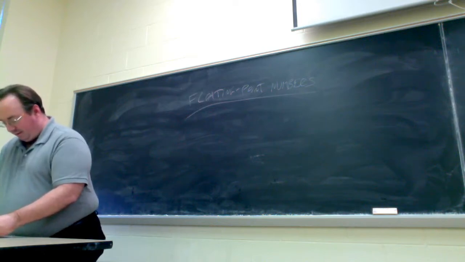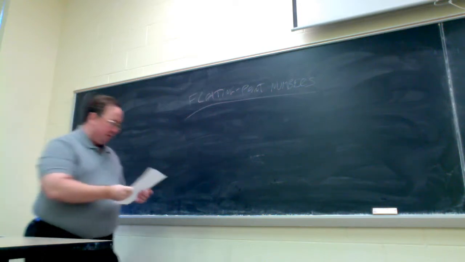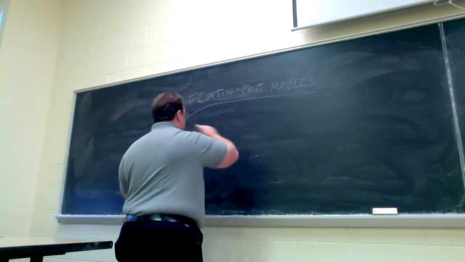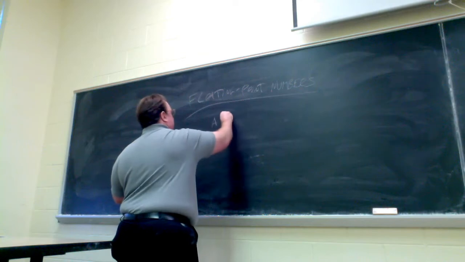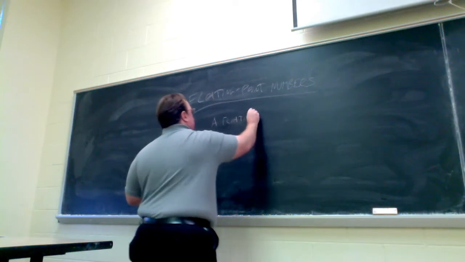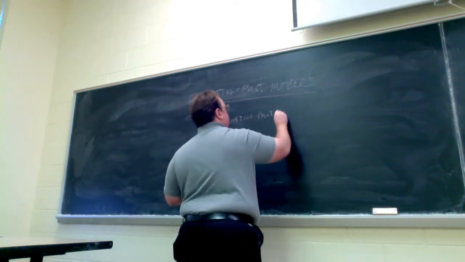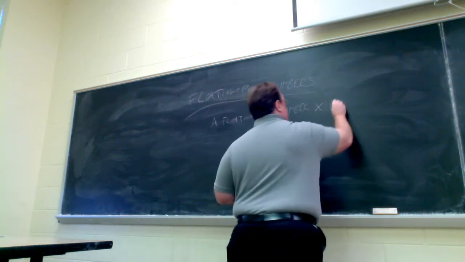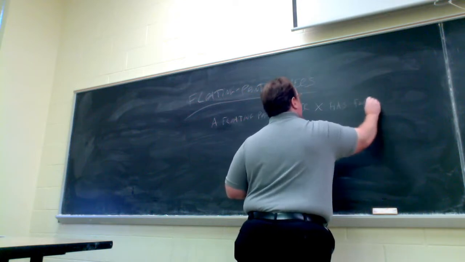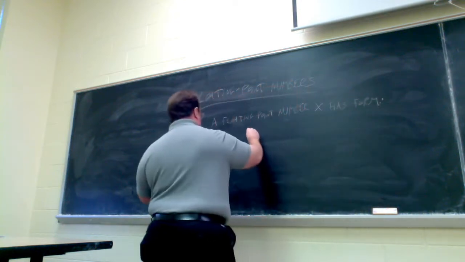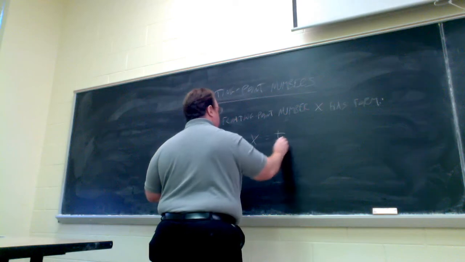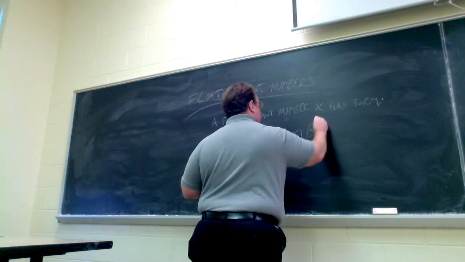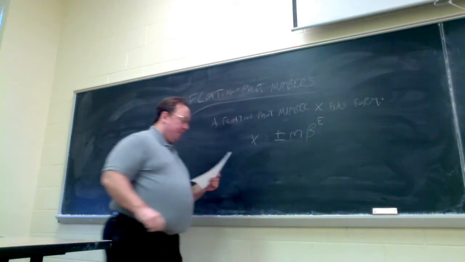So here we have a lot of terminology to introduce. The floating point number x has this form. x is plus or minus m beta to the e. So I need to define all these things.